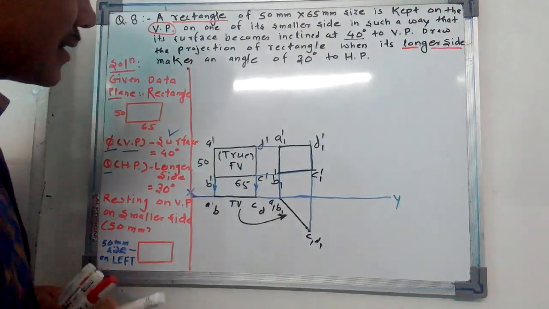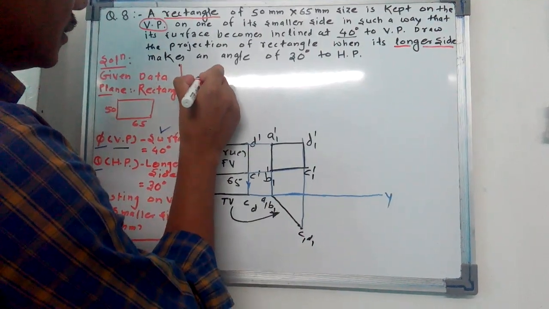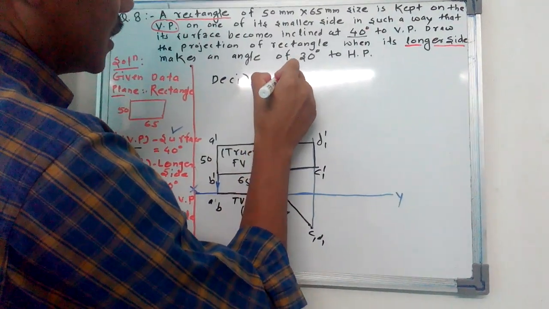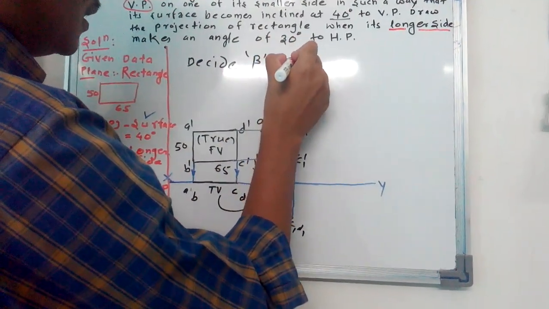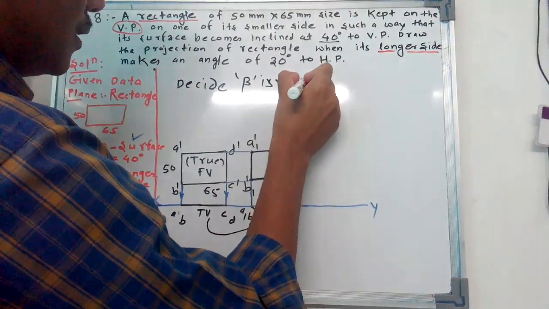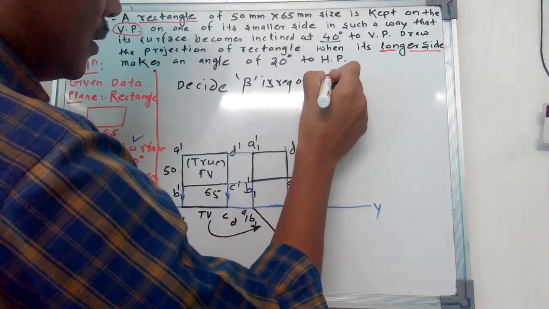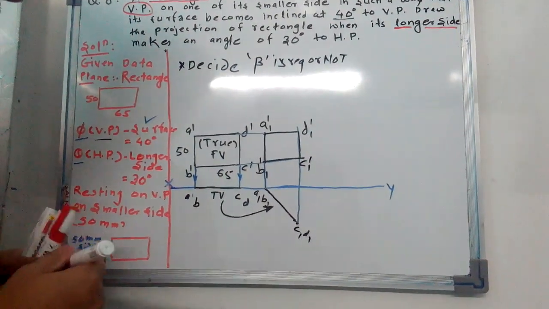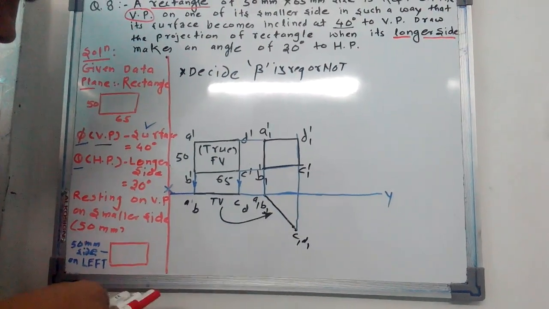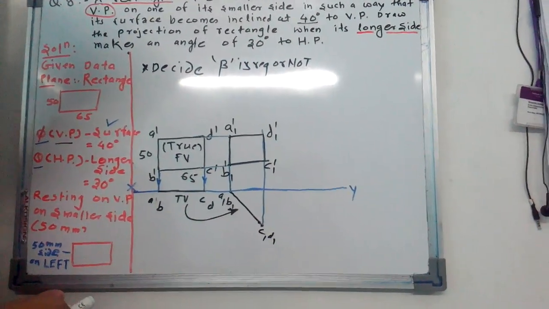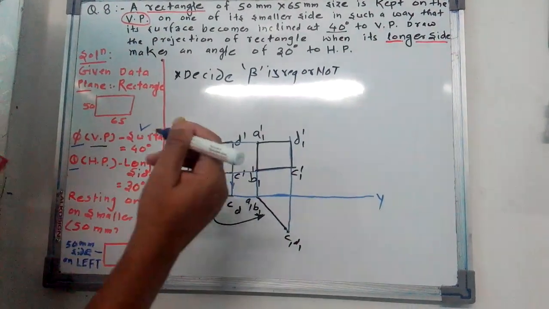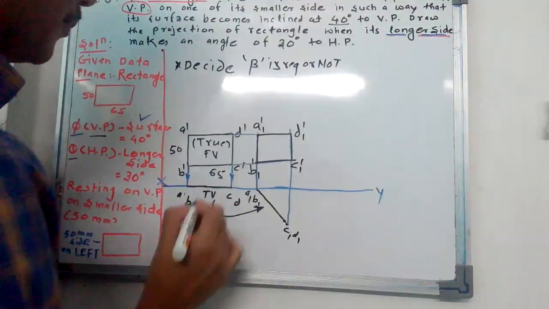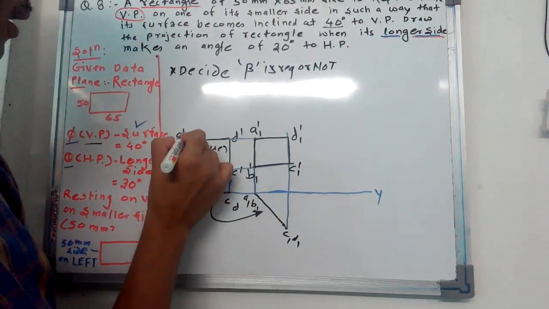Now the question is to decide whether beta construction is required or not. This is a very important point. When you look at the first two stages, it is given that the longer side is inclined, means any other side BC or AD.